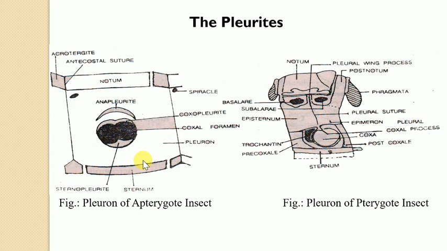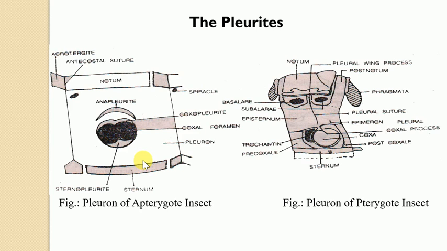The prothoracic pleuron resembles the pterothoracic pleuron, so again there is no distinction between them, as the structure of all the pleurites is the same.